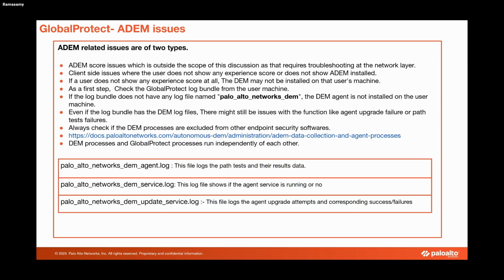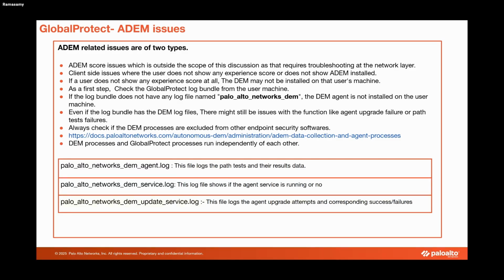If you are using a third-party EDR, make sure the ADEM processes are excluded from the endpoint security software for ADEM to function properly. Also, the most important point is that the ADEM client sends the collected data to the ADEM portal.